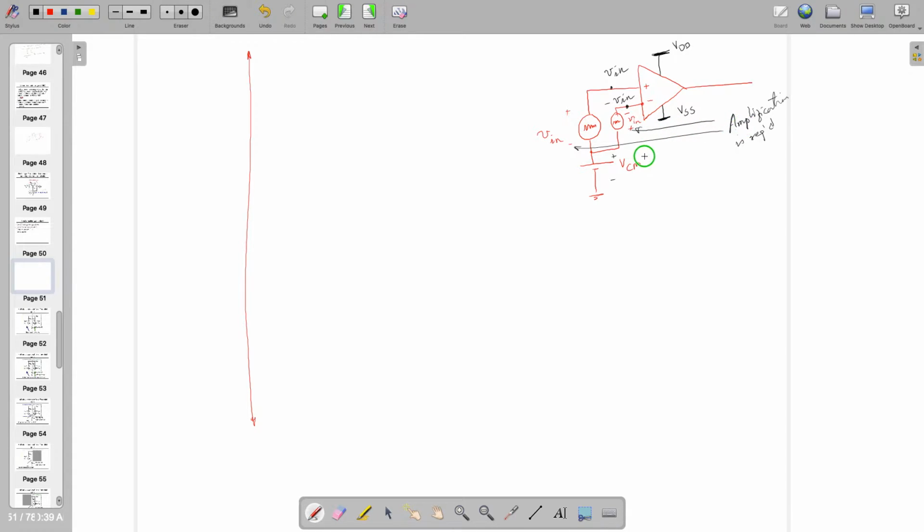However, we don't want this common mode value, let's call it VCMI, for input common mode voltage. I don't want to get amplified a lot, although you cannot stop that. What I mean to say is that, let's assume that this is VDD and VSS is equal to 0.